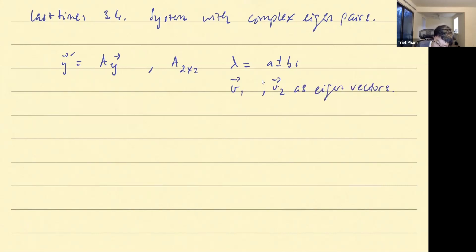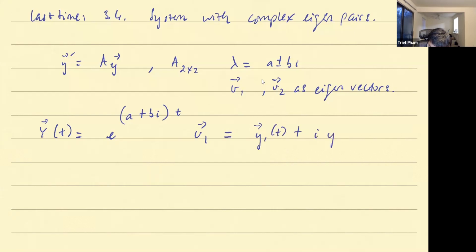To find the solution, you start with y(t), which is e to the (a plus bi)t times v1. Let's say you pick one, it doesn't matter. Then you split this into the real part and the imaginary part, say y1(t) plus i y2(t).